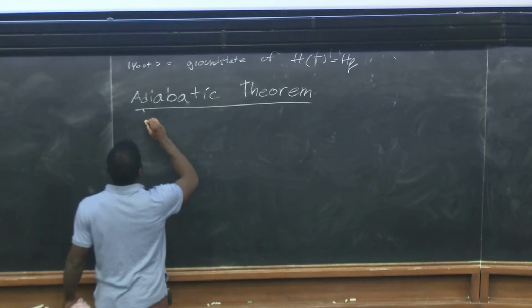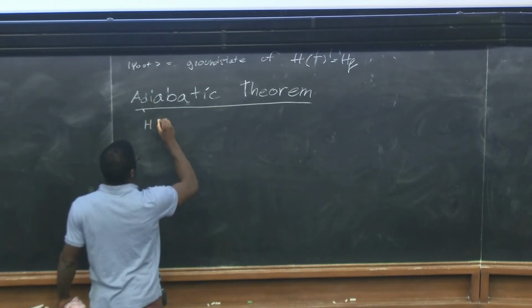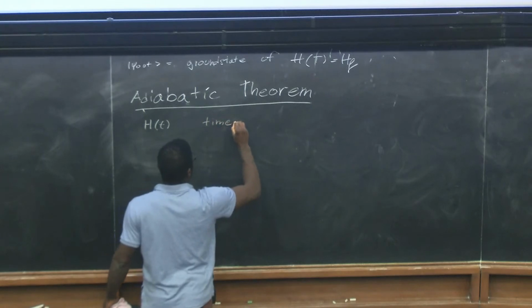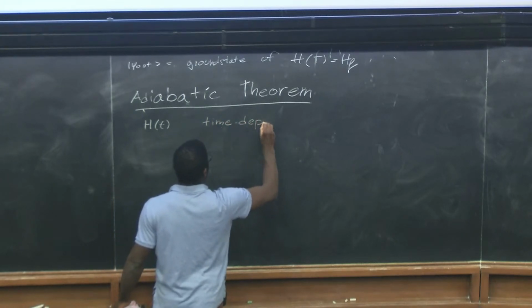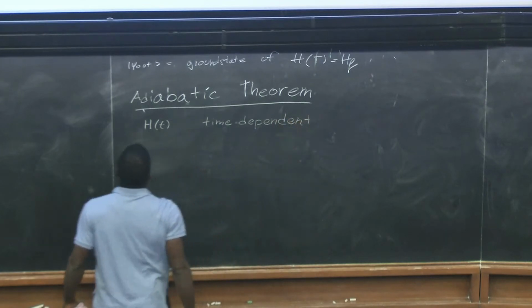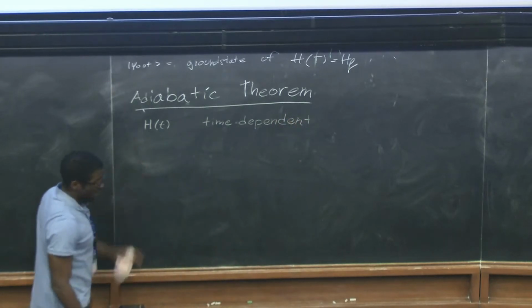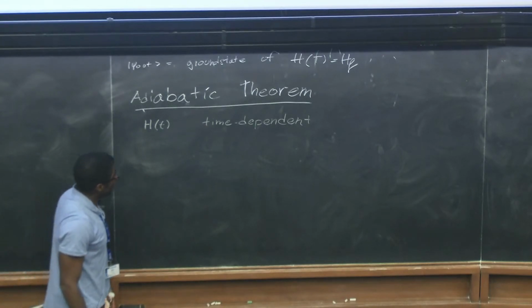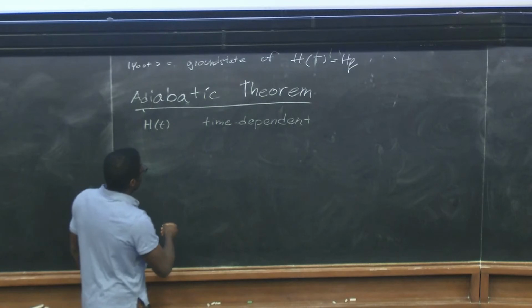We have a Hamiltonian H of t, which is time dependent. Being time dependent, it is going to have a spectrum which is also time dependent.